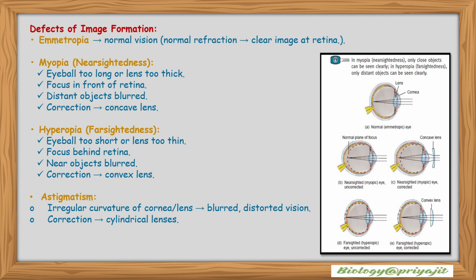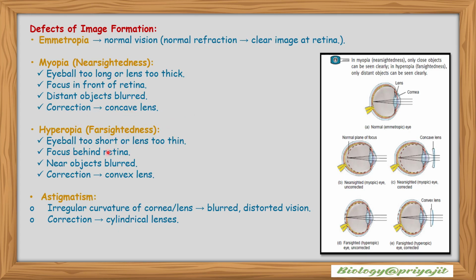Defects of image formation. Emmetropia is normal vision, where with normal refraction clear images are formed at the retina. Myopia or nearsightedness, when the eyeball is too long or the lens is too thick, focus is in front of the retina, distant objects are blurred, and correction is by concave lens.